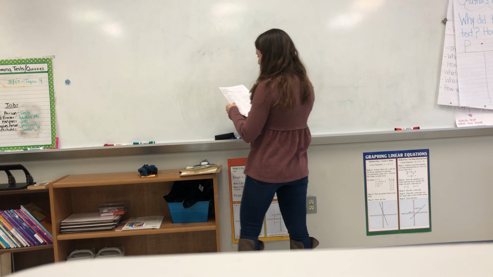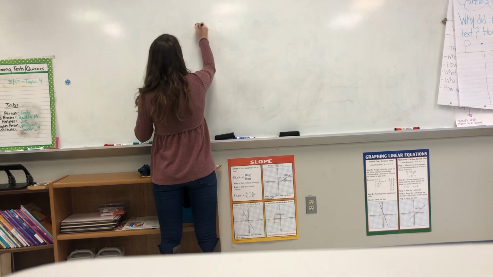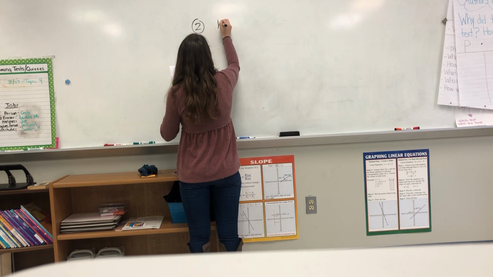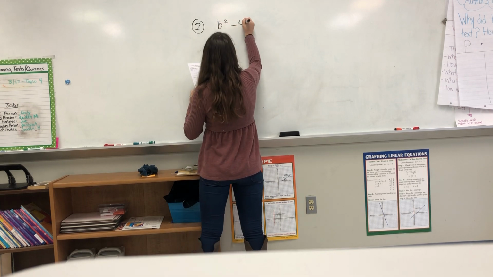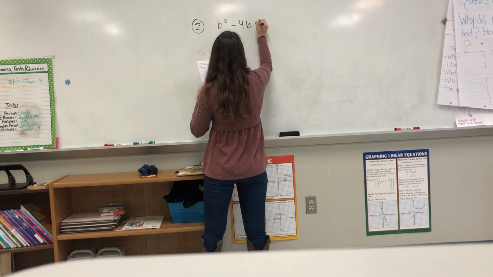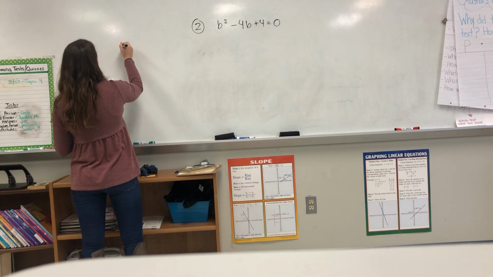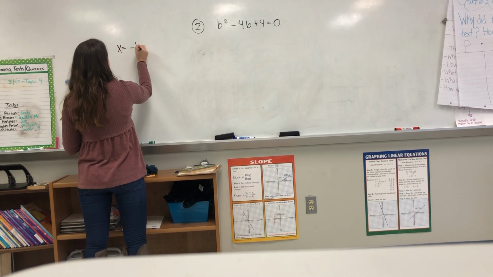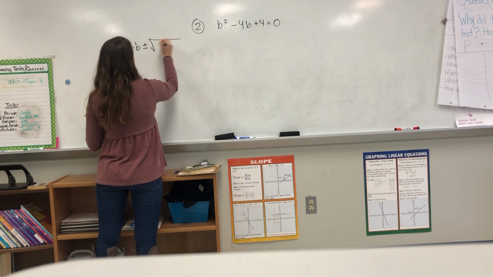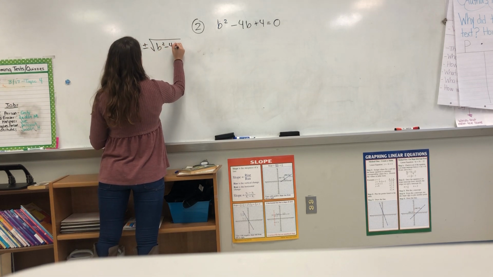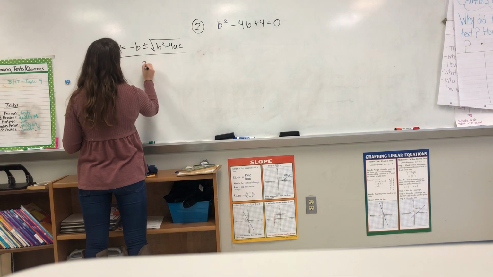All right, next, number 2. b squared minus 4b plus 4 equals 0. The quadratic formula is x equals the opposite of b plus or minus the square root of b squared minus 4ac all over 2a.